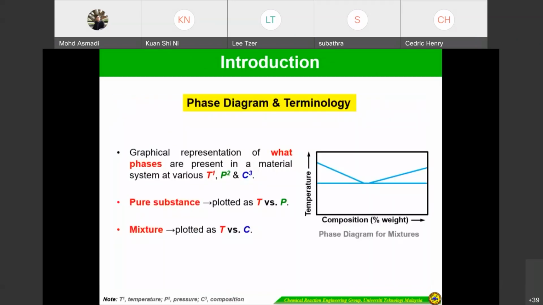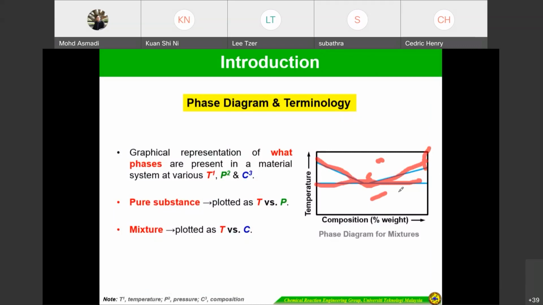So a phase diagram is actually the graphical representation of what phases are present in a metal system at various temperatures, pressures, and compositions. This is in general just a sketch of how the phase diagram looks. They have a triple point here, single phase, and also two phase.